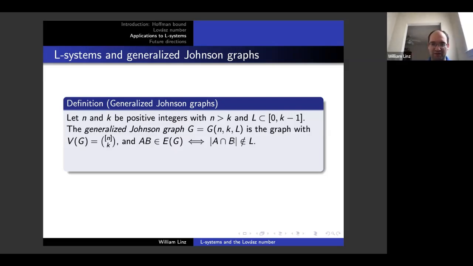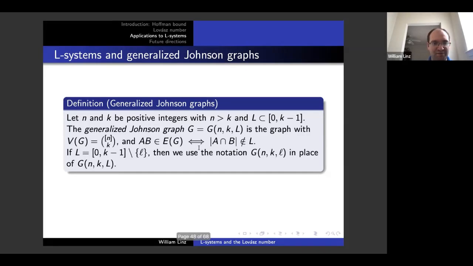The generalized Johnson graph is a graph whose vertices are the k-element subsets of a set of size n, and I'm going to put an edge between two vertices if their corresponding sets have intersection size not contained in L. And if L happens to be just missing one intersection size, let's call it little l, then I'm going to, somewhat confusingly, use the notation G(n,k,l) in place of the general notation, so swapping it around.